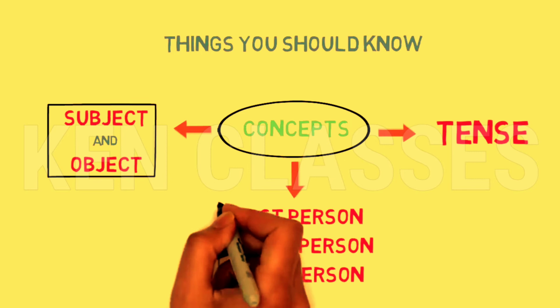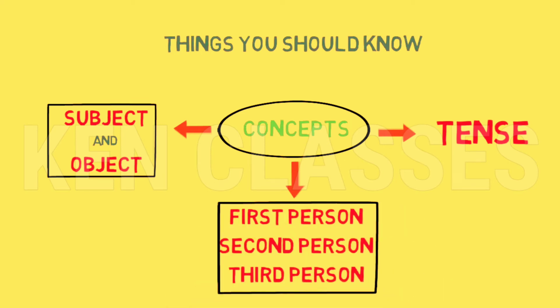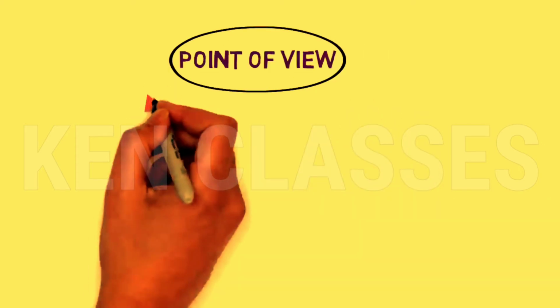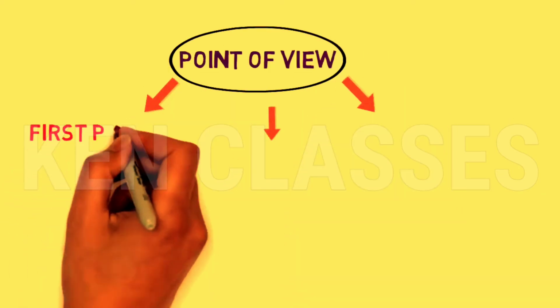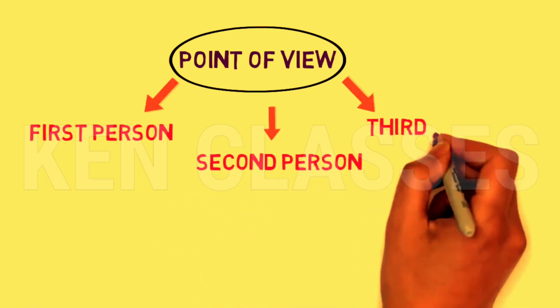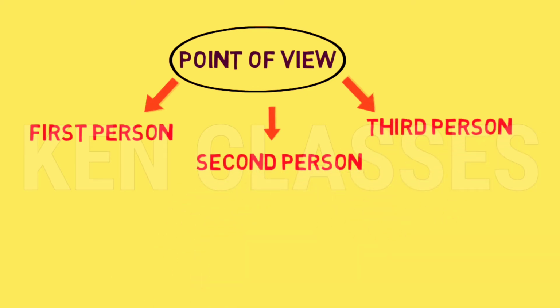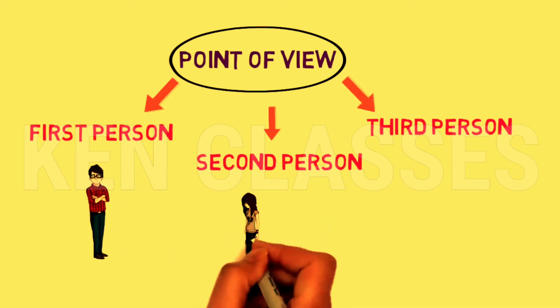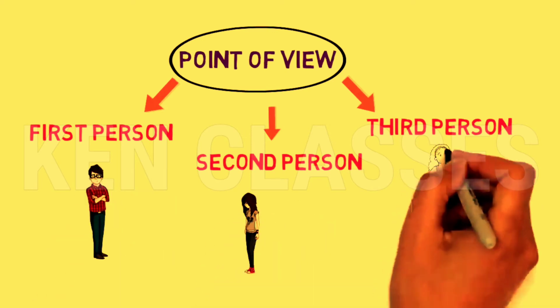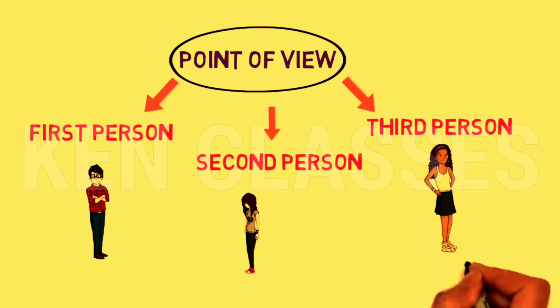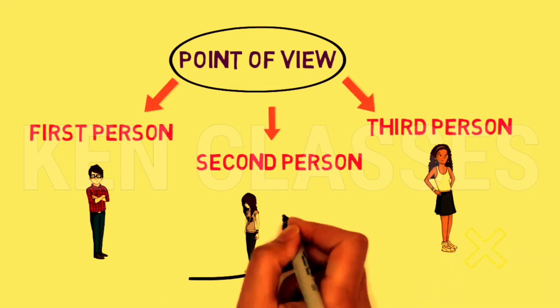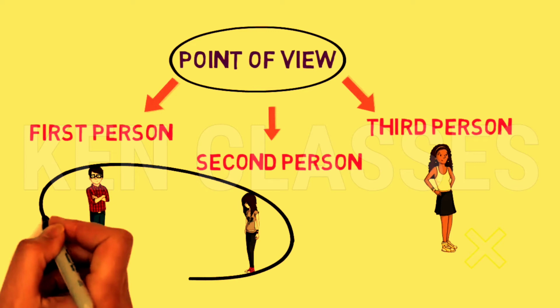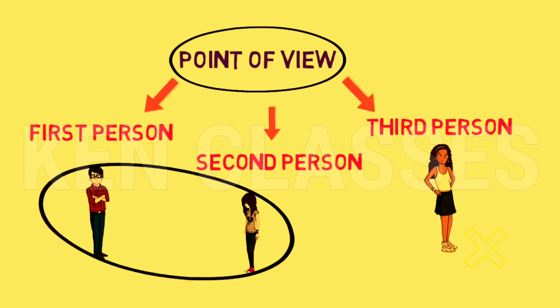Now let's understand what are first person, second person and third person. For that, we need to understand point of view. Basically, there are three points of view in English: first person, second person and third person. Let's understand it with the help of an example. If Ravi and Isha are in the room and Ravi is telling something to Isha about Nikita, who is not present in the room, then in this case, Ravi is the first person as he is the one who is speaking.